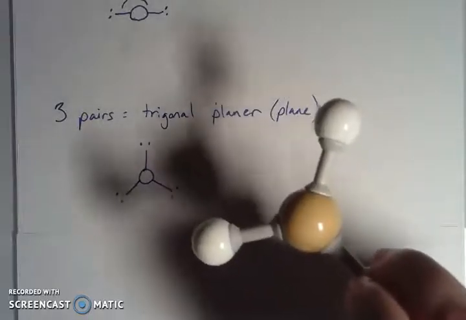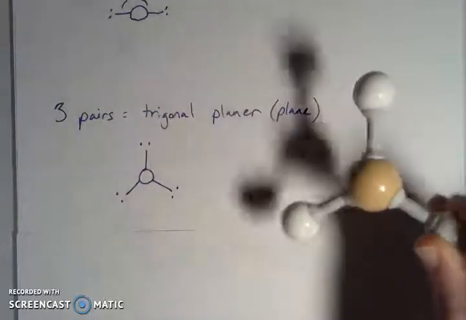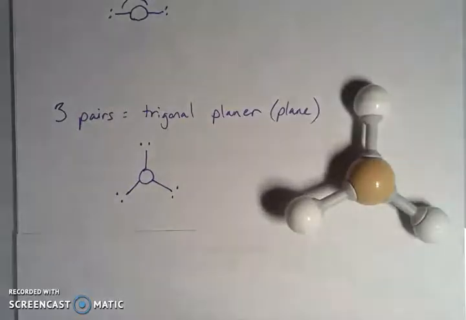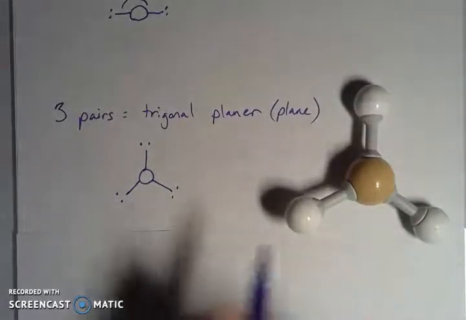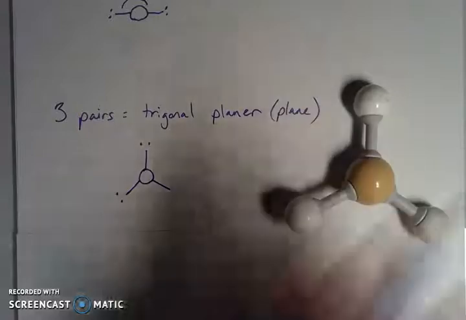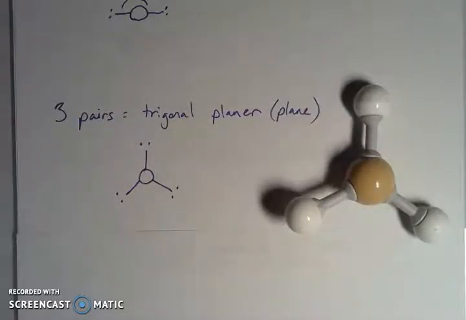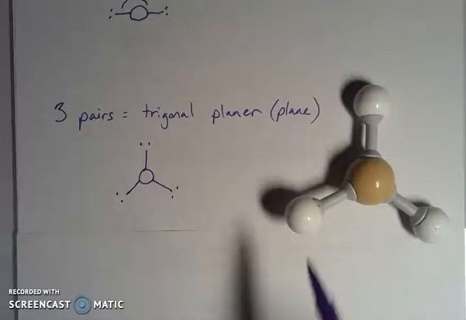So trigonal, meaning that there's 3 things. Plane, meaning that they are planar, that all of the atoms, if I was to slice through this thing with a piece of paper, would be on that piece of paper. So we call this geometry trigonal planar, or we would say that this shape is a trigonal plane.